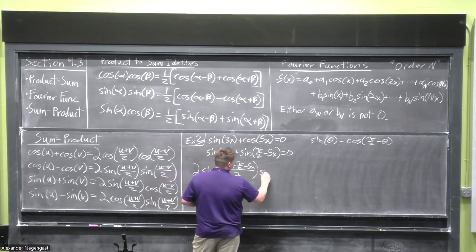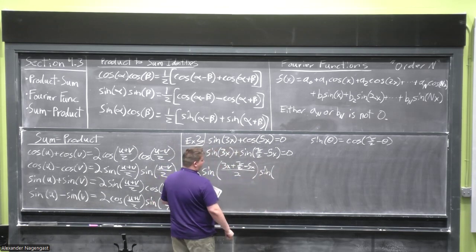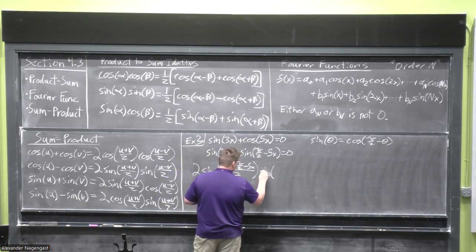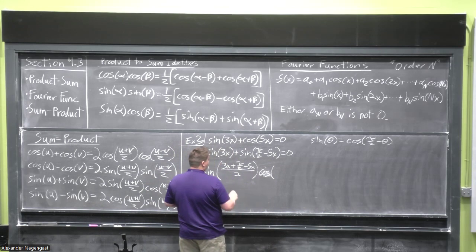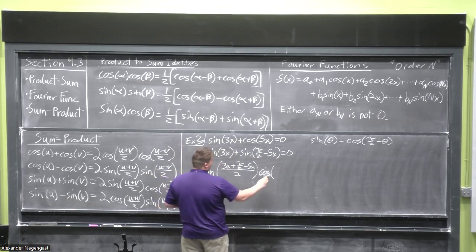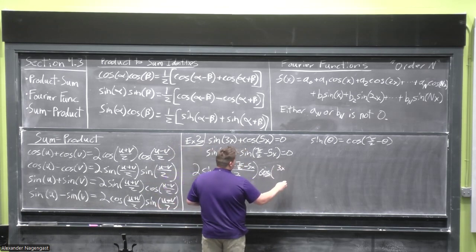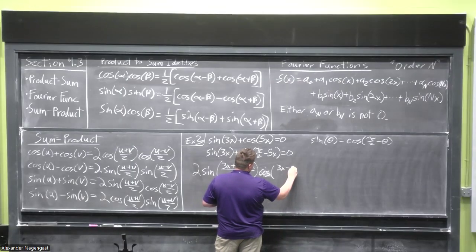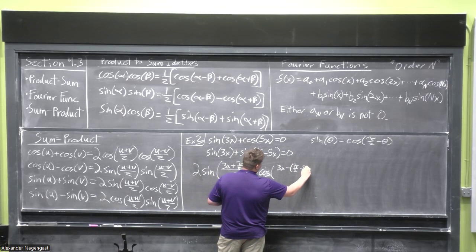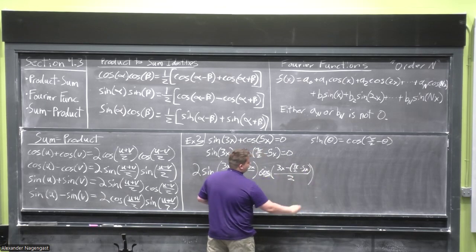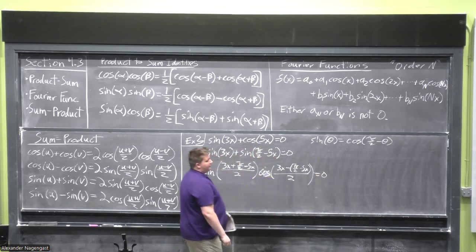We'll have sine of, cosine of u minus v divided by 2. So we'll have 3x minus pi over 2 minus 5x all over 2. That still equals 0.